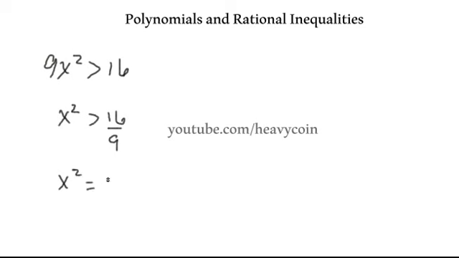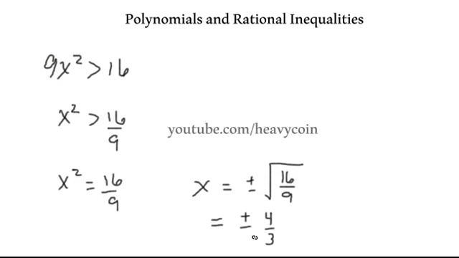I'm going to write it like this. Square root both sides. And I know it doesn't include the equal sign, but don't worry about it. So x is equal to plus or minus. That's going to be 4/3. So x is equal to plus 4/3 and x is equal to minus 4/3.